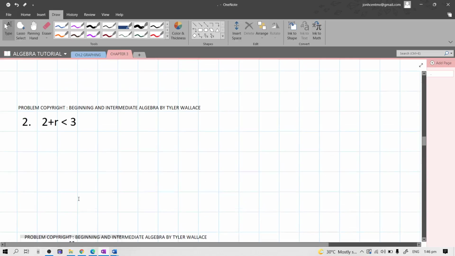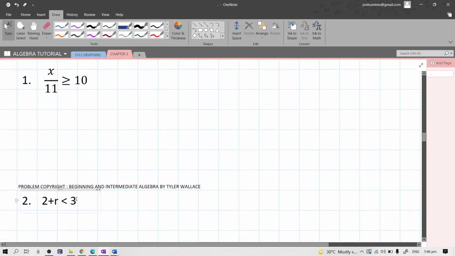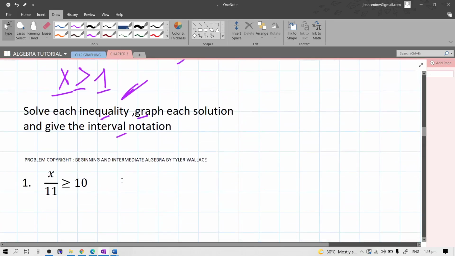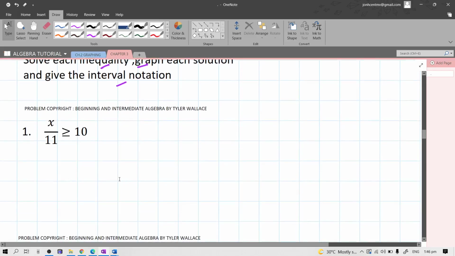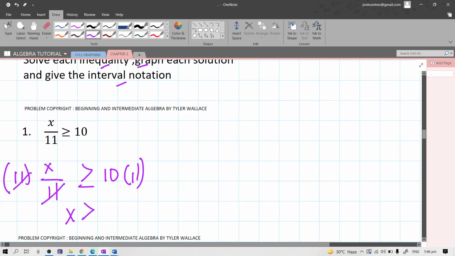Okay. So, for our next set of examples, the direction here is to solve each inequality, graph its solution, and give the interval notation. So, for our first example, ganun pa rin yung gagawin natin, katulad sa mga previous lesson ng algebra. We have x over 11, multiplied mo kay 11, para matira sa left side ay si x. Therefore, you have x is greater than or equal to 110.